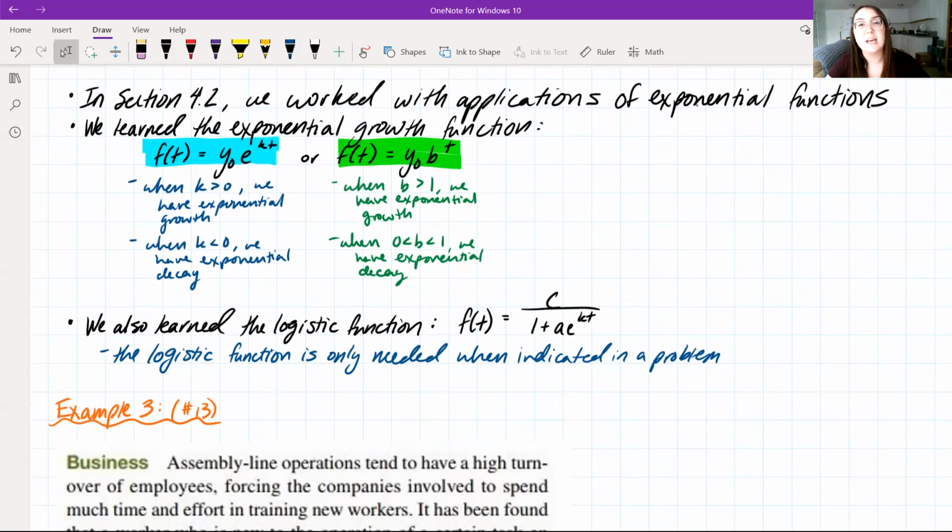If it's not indicated, then the chances are you don't need to use it, unless it specifically says use the logistic function, or the function is growing logistically, or something along those lines. So unless specified, you don't need to use the logistic function.